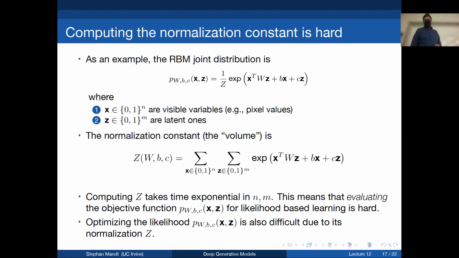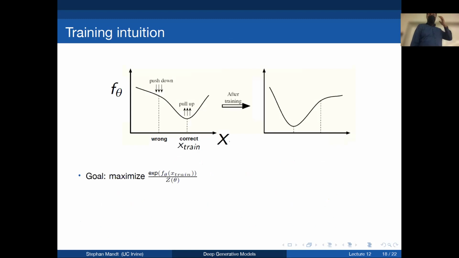And optimizing the likelihood is also difficult, because of its normalization Z. Now, what is some intuition of what you should do when you train an energy-based model? So essentially, what you want to achieve is the following thing. So imagine you have this energy f of theta, and let's for now assume that the data dimension x is just one-dimensional, just to illustrate things.